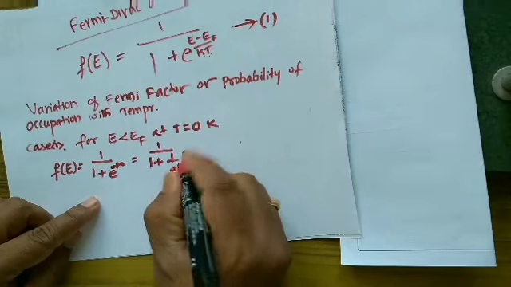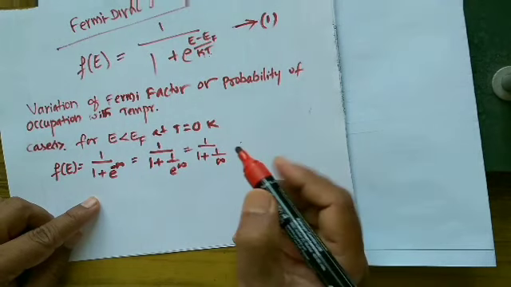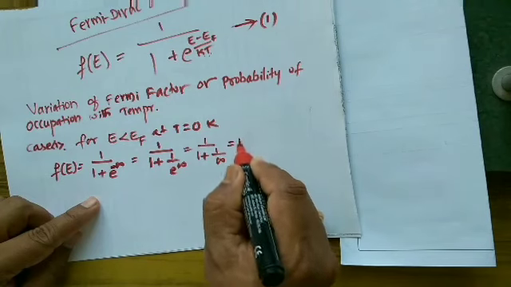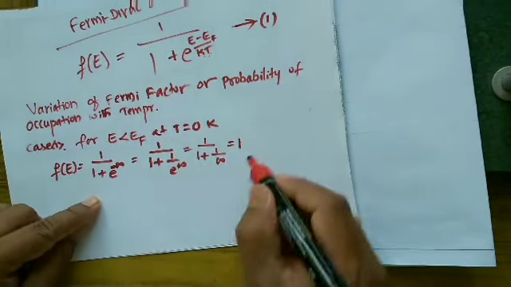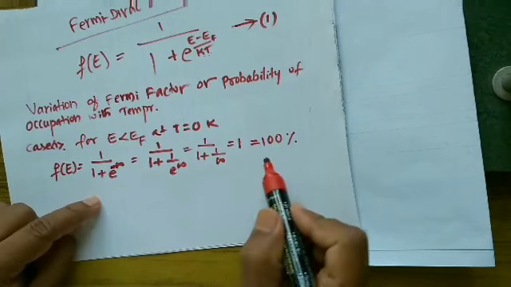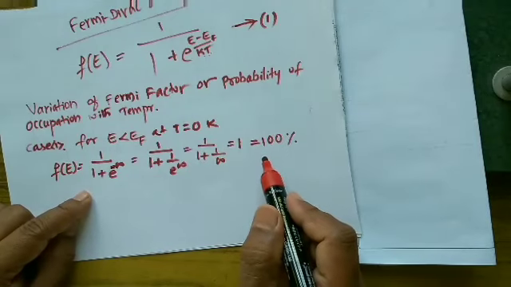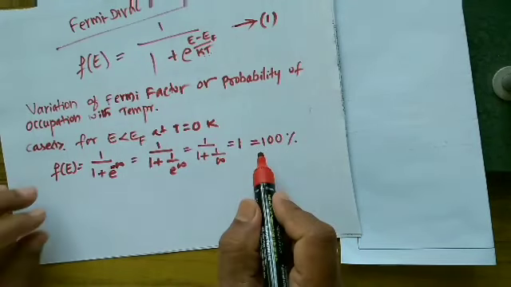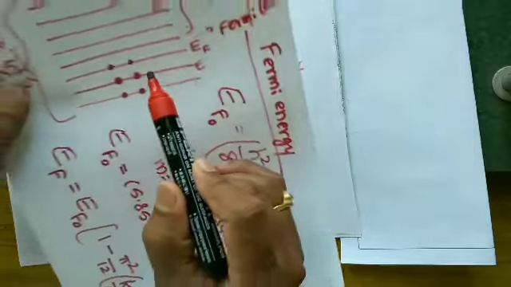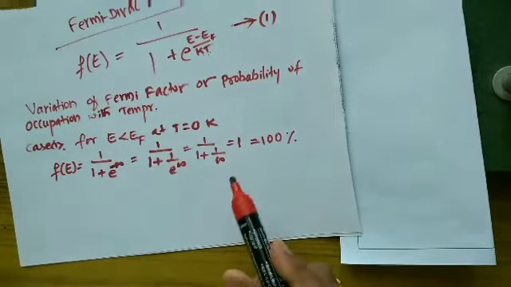So it is 1 divided by 1 plus 1 divided by infinity. 1 by infinity is 0. So 1 plus 0, 1 by 1. So the final answer is 1. This value suggests that it is 100%. The probability of occupation of energy levels below the Fermi level is 100%. That means every energy level below the Fermi level is completely filled by electrons. That is the inference of this part of the discussion.